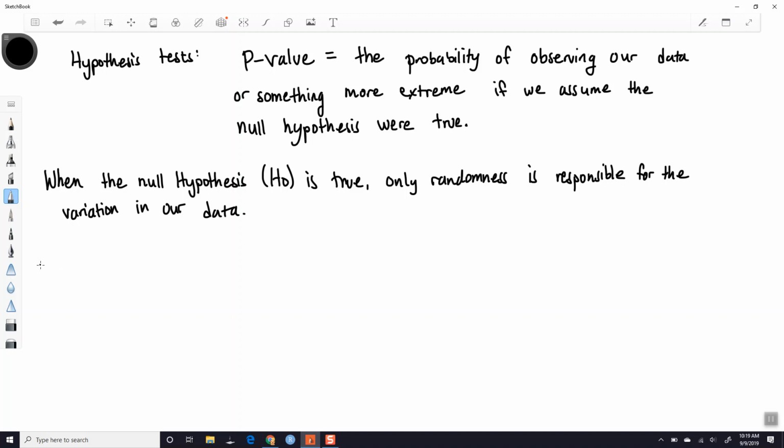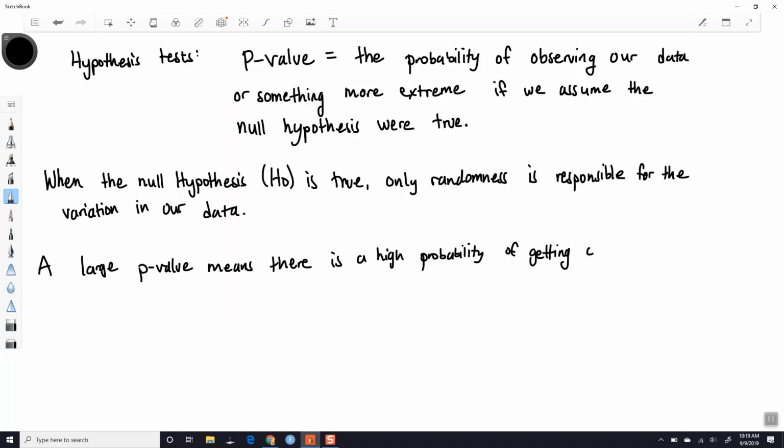So a large p-value means there is a high probability of getting our data from randomness alone.